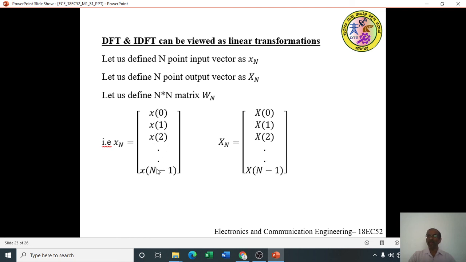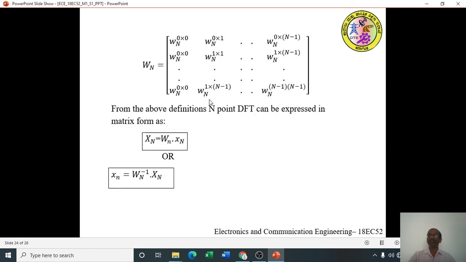Once you perform DFT on the sequence, you get X of k, denoted by capital X N. It's a matrix again of order N cross 1, capital X of 0, 1, 2, up to N minus 1. Now this input vector will be multiplied with an N cross N matrix called the twiddle factor matrix. In this matrix, the first row contains omega N power 0s. The next row contains 0, 1, 2, 3 and so on.